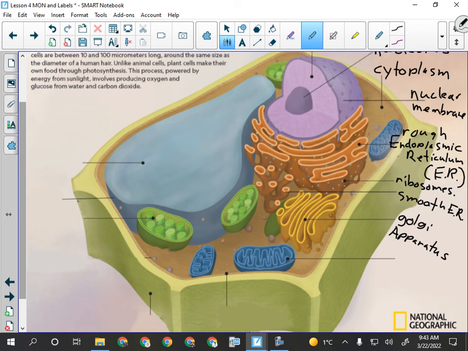It can help produce digestive enzymes, but mostly it packages and processes waste for removal from the cell. And so waste products are delivered to the Golgi, and the Golgi gets rid of them. It is the sanitation technician, since we're not allowed to say garbage man, of the cell. That's basically what it does. It gets rid of the cell's wastes.